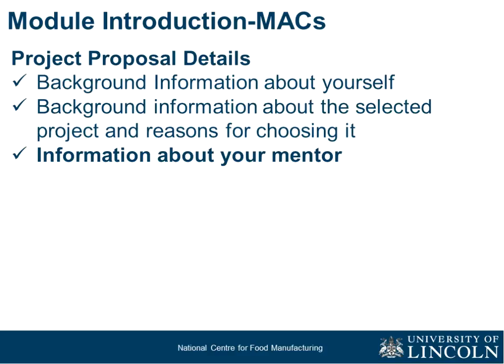We want to be sure that your mentor is relevant to what you want to do. For example, if you are doing something on quality, you want to see somebody like the quality assurance manager as the mentor, not the production manager. So just making sure that you are putting a round peg in a round hole.